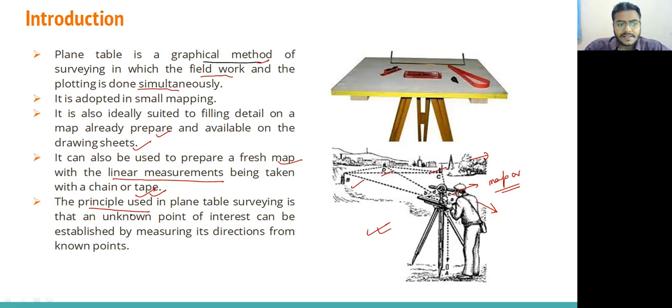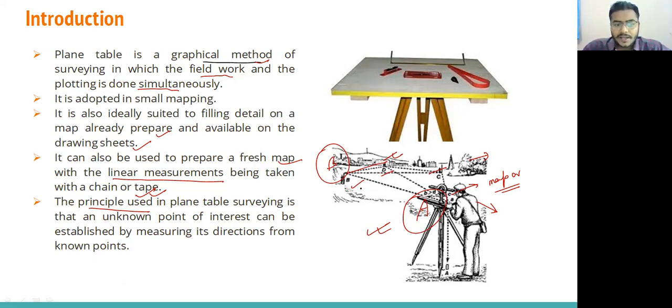an unknown point of interest can be established by measuring its direction from known points. For example, suppose station A is here, and station B is there. We can locate them on the sheet, and using this line we can sight this one and draw this line also. Then we can find out the angle also.